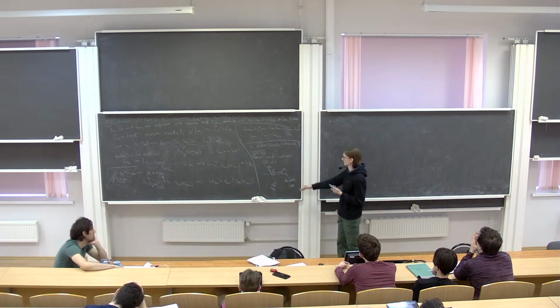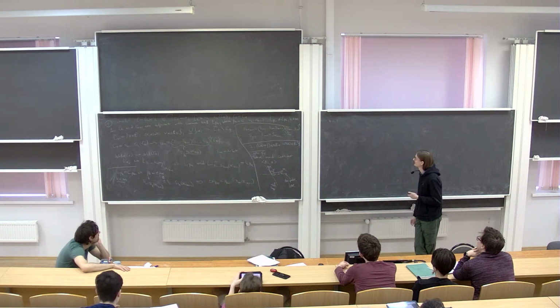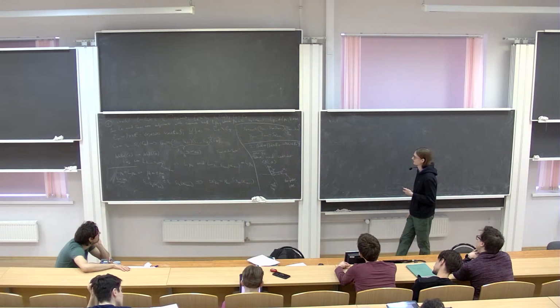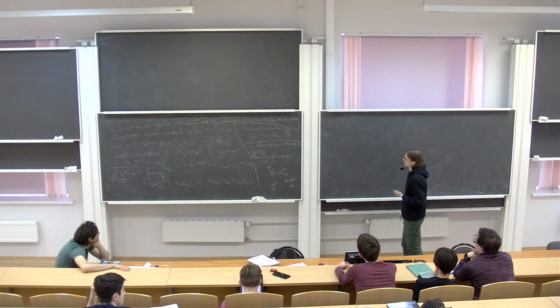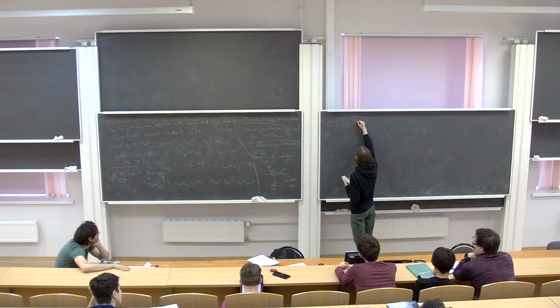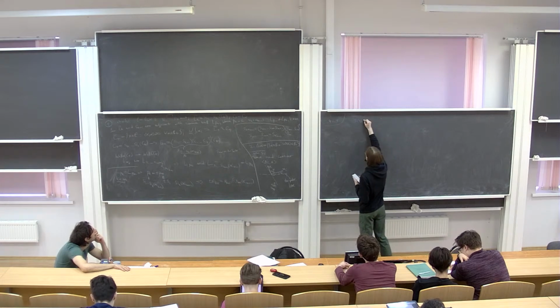If we believe that psi is less than phi, it works for L equals 1. Then we would like to consider more than one reflection, for example Si, Sj.